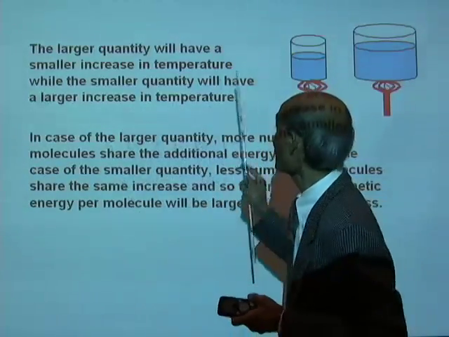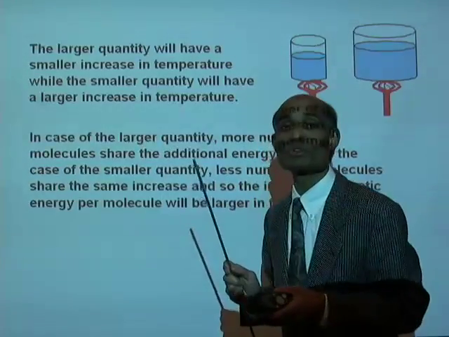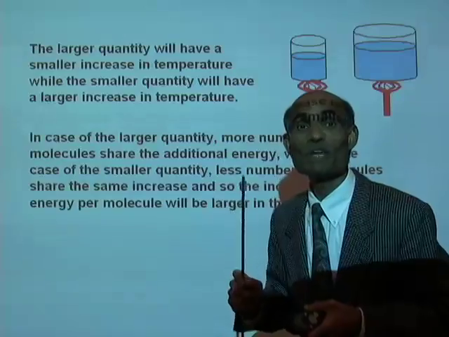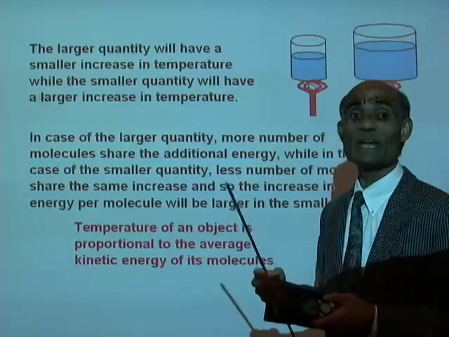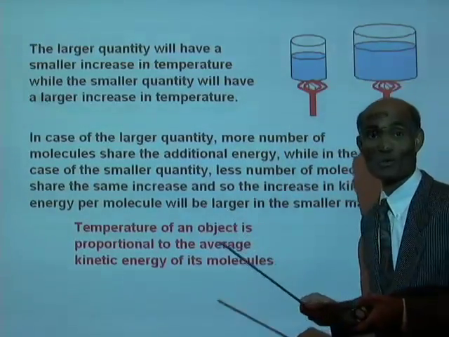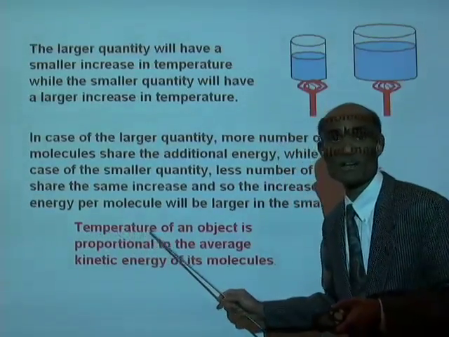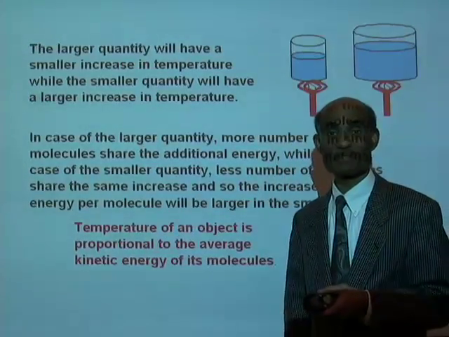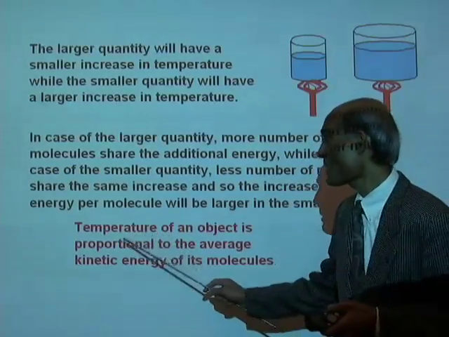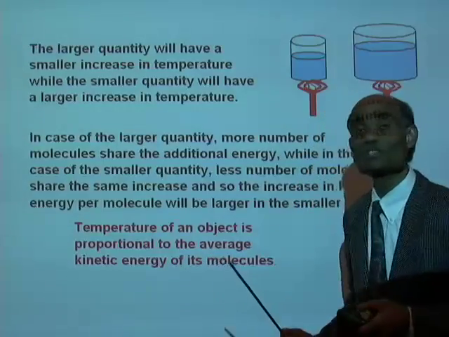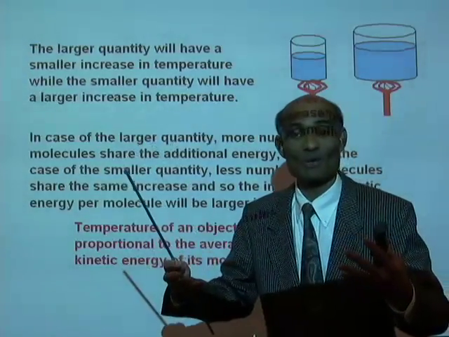Why? Because the average energy received by molecules in the smaller beaker will be greater. The energy per molecule will be greater. Can we use that to define temperature? Look at the way I have defined temperature. Temperature of an object is proportional to the average kinetic energy of its molecules.